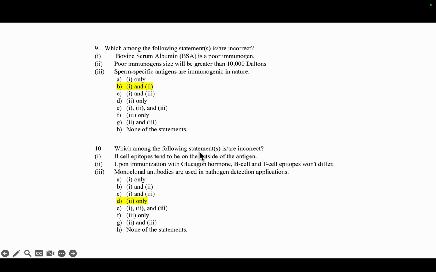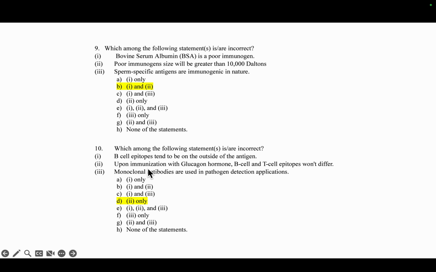Which among the following statements are incorrect? B cell epitopes tend to be on the outside of the antigen. Upon immunization with glucagon hormone, B cell and T cell epitopes won't differ. Monoclonal antibodies are used in pathogen detection applications. So, B cell epitopes tend to be outside of the antigen.